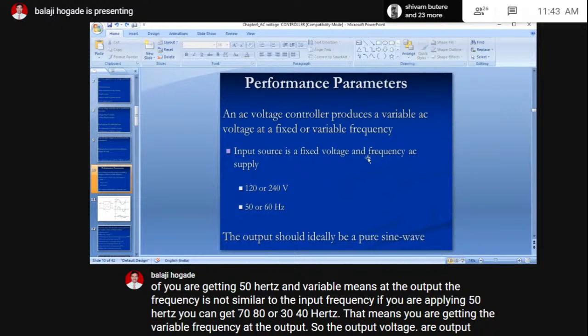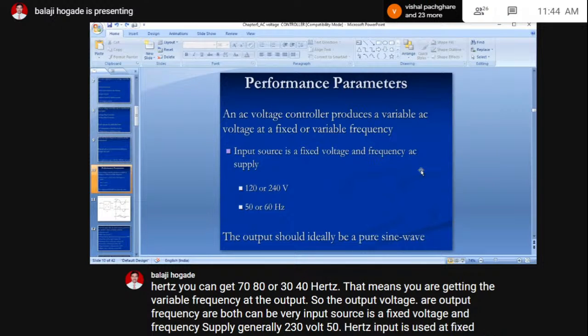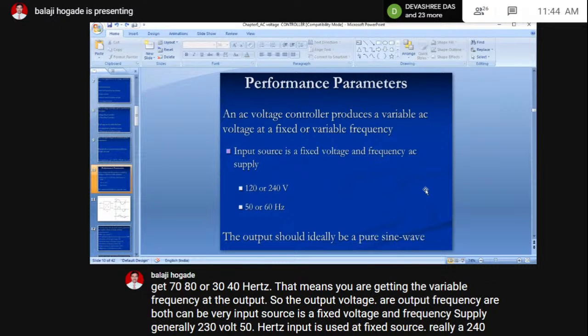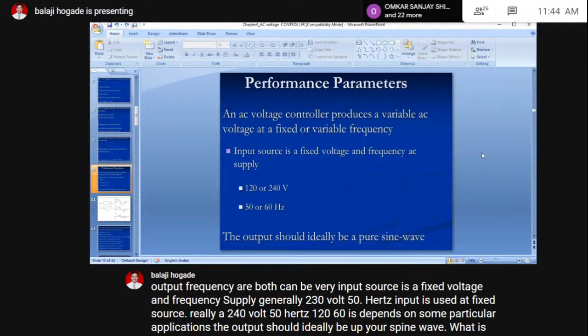Input source is a fixed voltage and frequency AC supply. Generally 230 volt 50 hertz input is used. That means it is a fixed source. Generally 240 volt 50 hertz, 120 volt 60 hertz depends on some particular applications. The output should ideally be a pure sine wave. What is our objective of this AC to AC voltage controller?